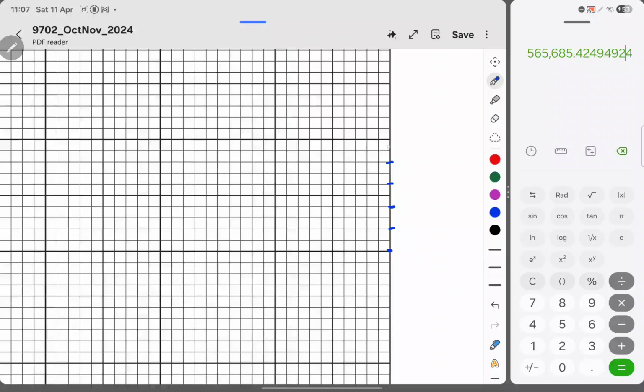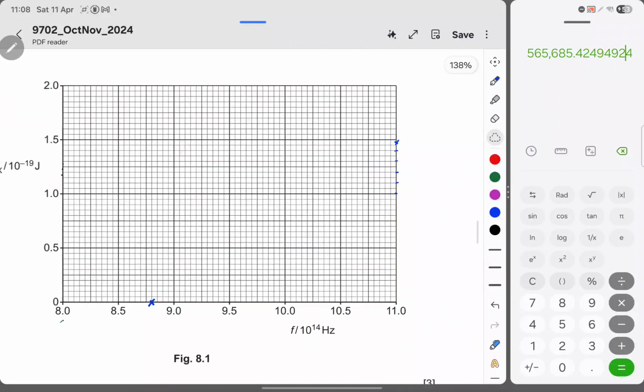So either we mark over here or over here, we can do both. So 1.46 will be a little bit above 1.45.